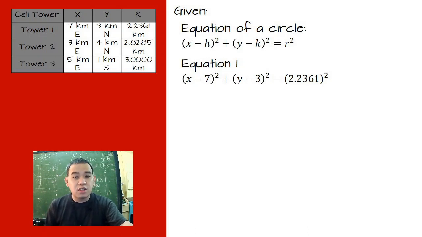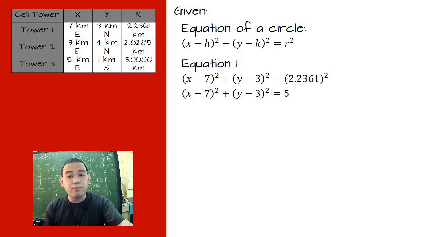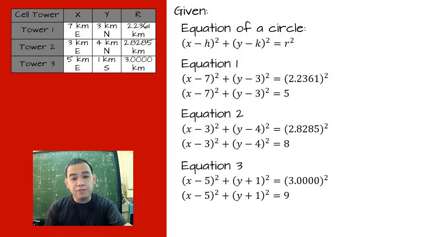We then proceed to square the value of the radius, making the right hand of the equation equal to 5. Now repeat the same process for towers 2 and 3. You may pause the video to check how the substitutions are done.